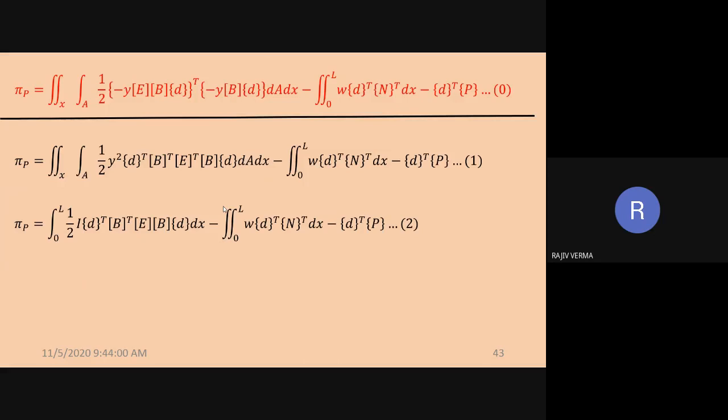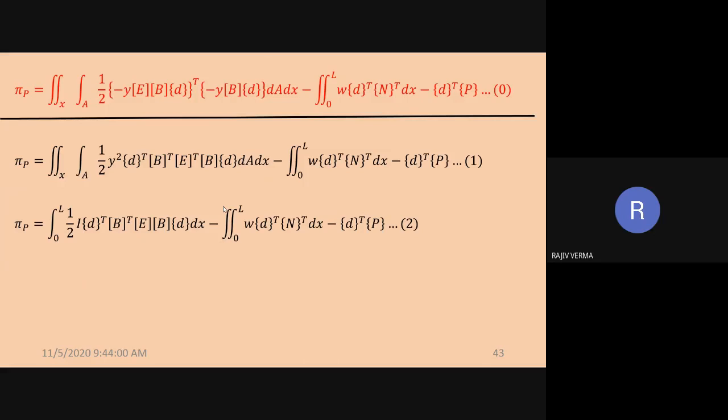And here is a point which in fact comes from the elementary theory. The first term on the right of equation number 1 has an elemental area represented by dA multiplied by y square, and there is an integration sign. So this basically means that we are finding the second moment of the elemental area, which basically is the moment of inertia itself.